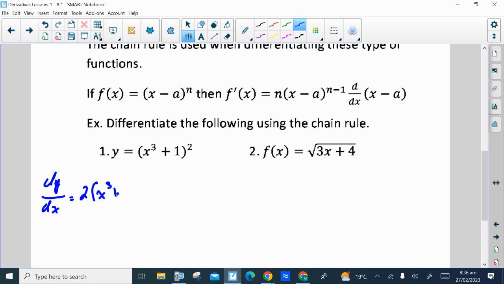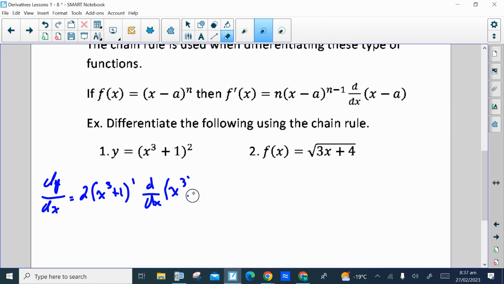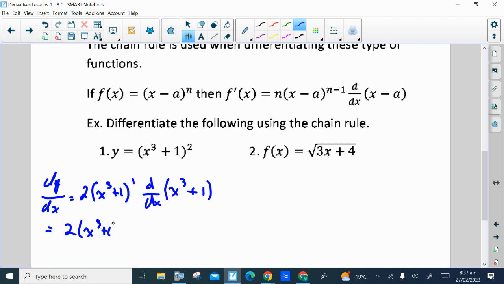So you use the power rule initially, and then you have to multiply by the derivative of what's inside the bracket. I guess we'll write it as x cubed plus 1. So that gives us 2 bracket x cubed plus 1.